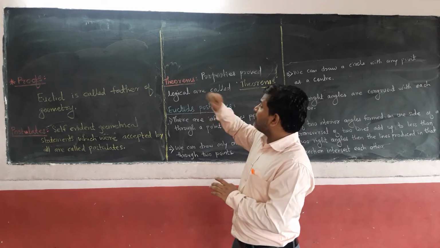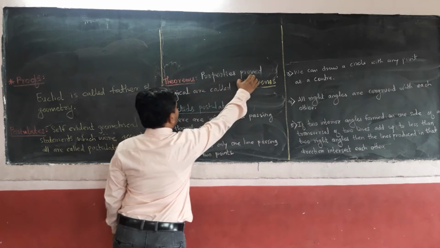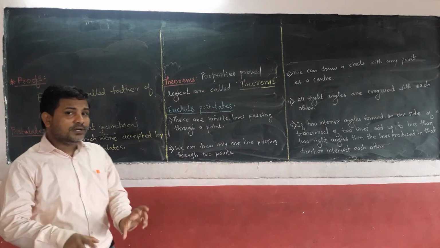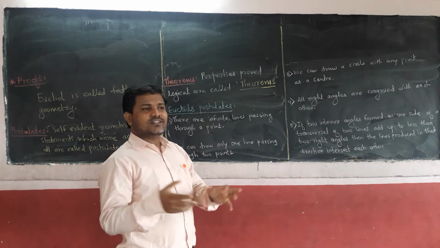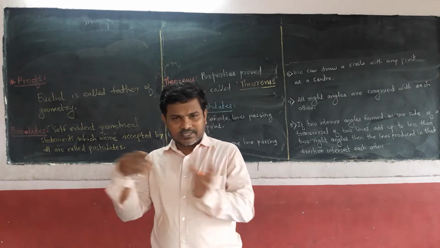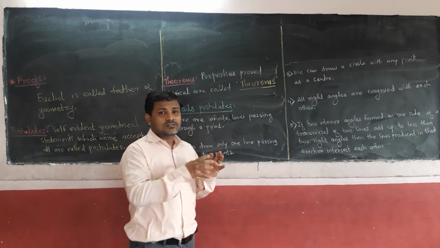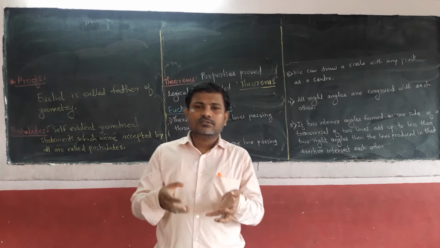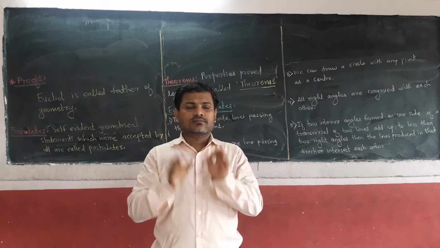Now what is the meaning of theorems? Theorems are nothing but properties proved logically. Properties proved logically are called theorems. Different theorems are there in your syllabus. In 9th standard there are theorems, in 10th standard again there are theorems. Now this is the basic. The one who pays attention here and understands the concept of theorems will be well in mathematics.